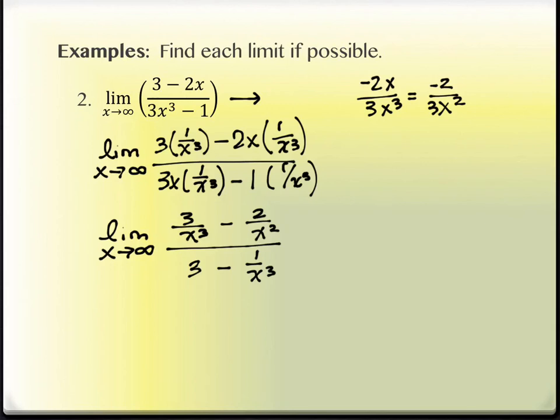You see the pieces. Here's the beautiful thing, and here's why we did that. Every single piece that's something over x or x squared or x cubed, what's its limit as x goes to infinity? It's 0. All of these are zeros, which means the entire numerator is 0, and the entire denominator is 3. And what is 0 over 3? 0. This limit's 0.